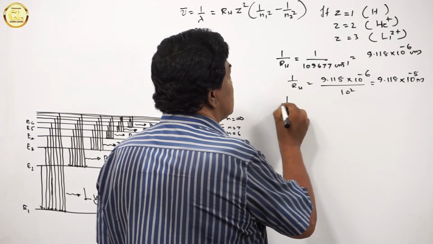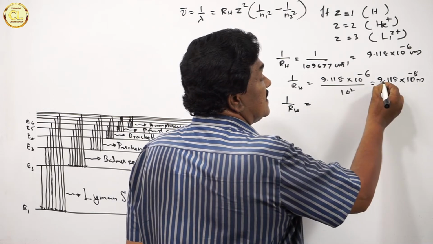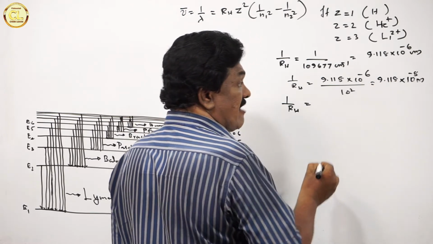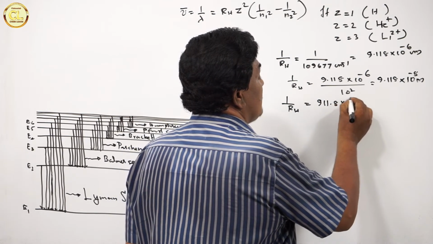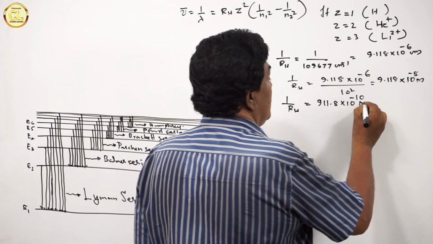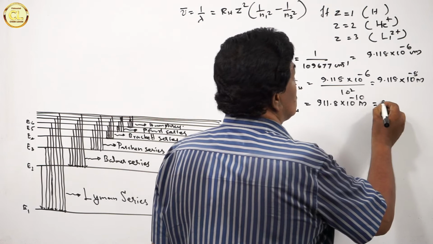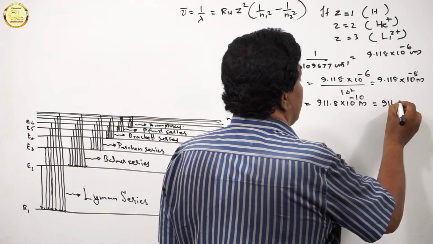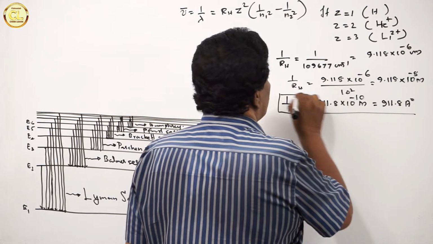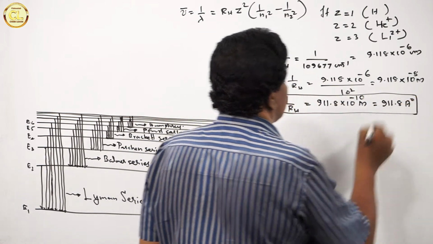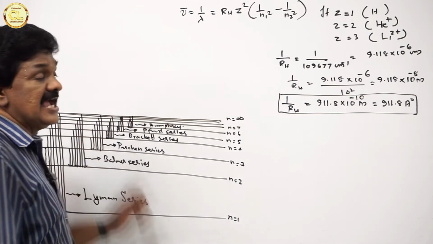It can be expressed as 1 by RH is equal to, see, displacing 2 decimals to the right, that is 911.8 into 10 raised to minus 10 meter. 10 raised to minus 10 meter is equal to 1 angstrom unit, that is equal to 911.8 angstrom units. See, this value is very important for doing simple numerical problems in connection with the calculation of wavelength of each line in this series.